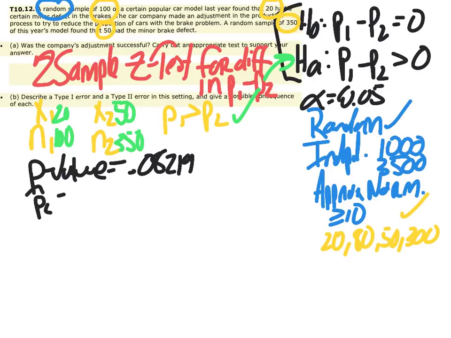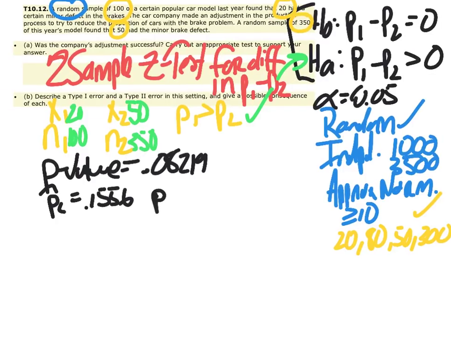So p hat pooled is 0.1556 from the calculator. And then I'll just put down the p hat 1, in this case 0.1556, and the p hat 2 came out at 0.142857. Now that's all we need for the test. Everything that is required is written.